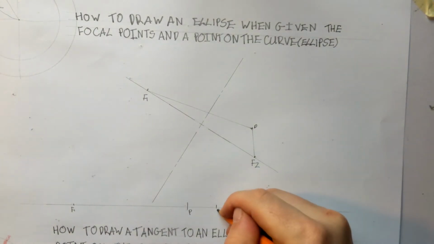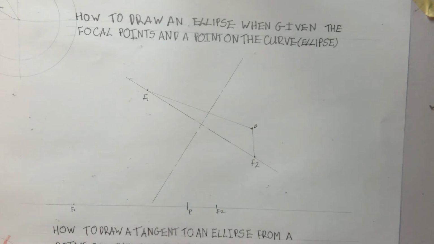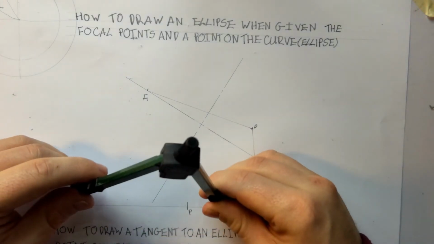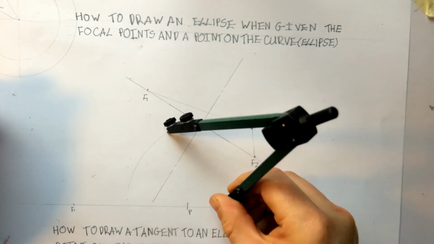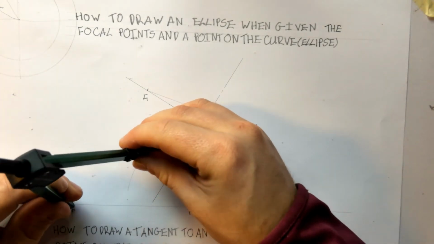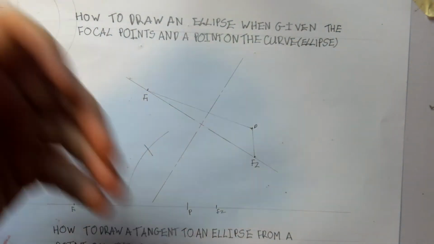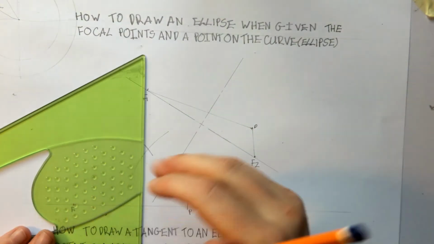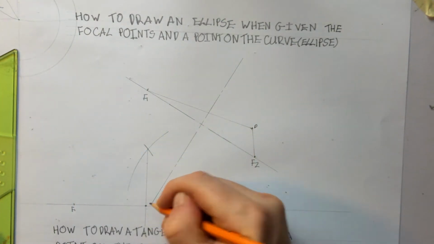Alright, and this is the length of the major diameter. Now to get half of that, you can take your compass and bisect the line. So this is half the major.